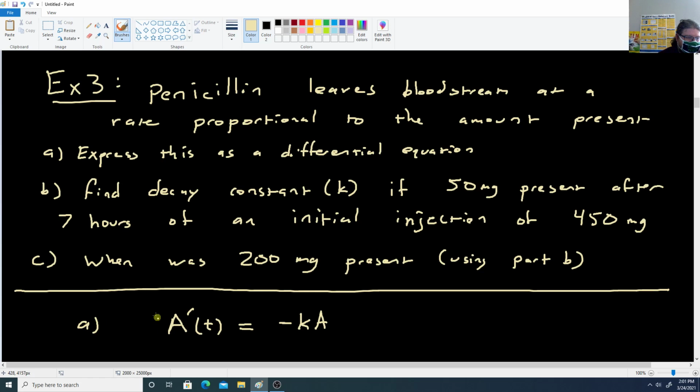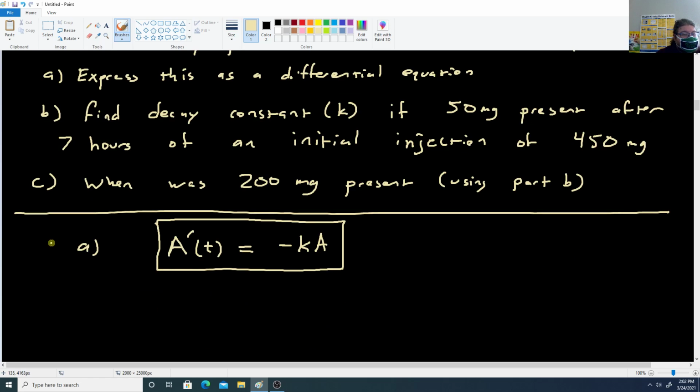So for part A, this will be the equation we want. So for part B, we have to use this information here and say, well, find the decay constant K if 50 milligrams are present 7 hours after the initial injection. So this right here is our differential equation.